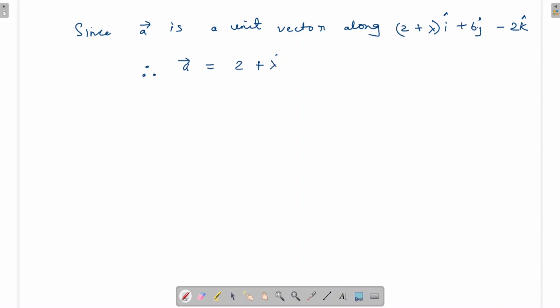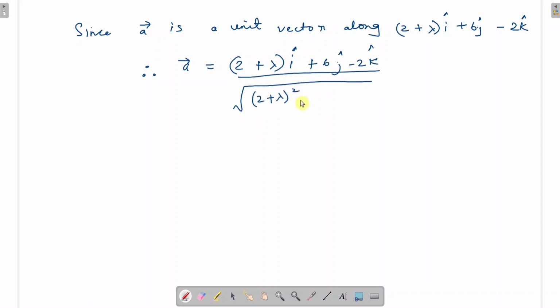So a bar equals 2 plus lambda i cap plus 6 j cap minus 2 k cap, divided by the root of 2 plus lambda the whole square plus 6 square plus minus 2 square.